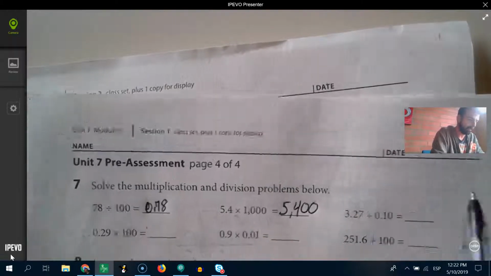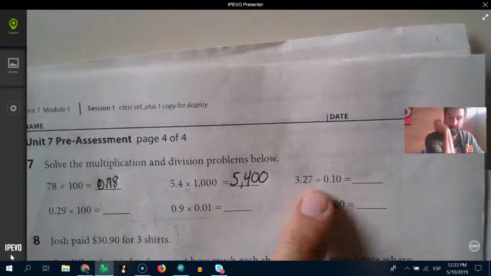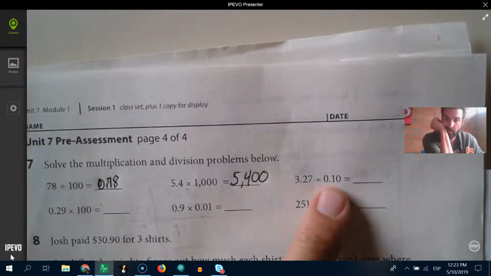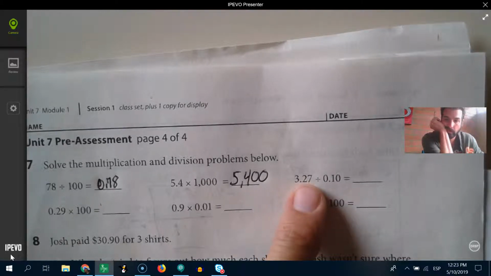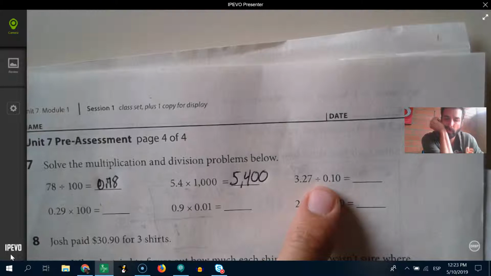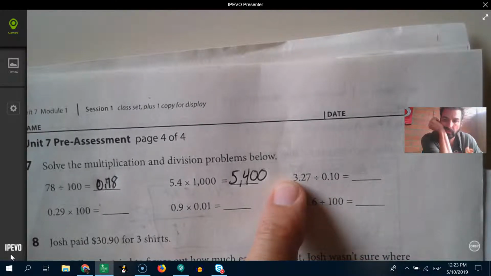All right, 3.27 divided by 0.1, so this is what I was talking about. How many 0.1s are in 3.27? A bunch of them. So this is almost like multiplying by 10, right? So we're going to have 32.7. Everything's going to shift one place to the left.